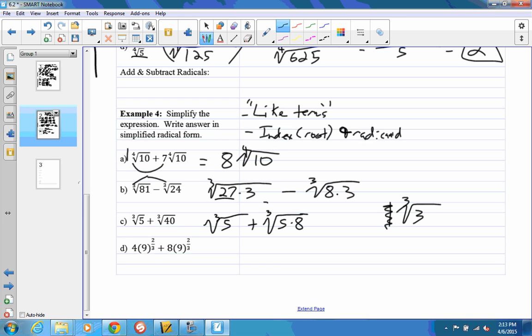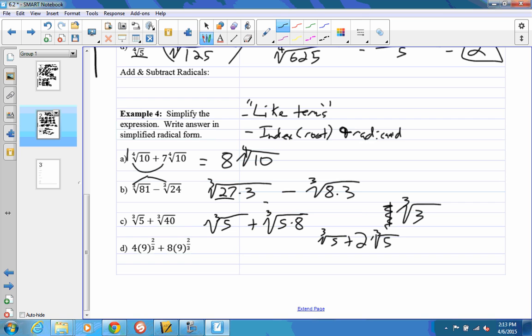So I broke 40 into 5 and 8, 5 times 8. Can I pull anything out of that? So you're saying I can pull this cube root out, leaving me with a cube root of 5 plus 2 cube root of 5.